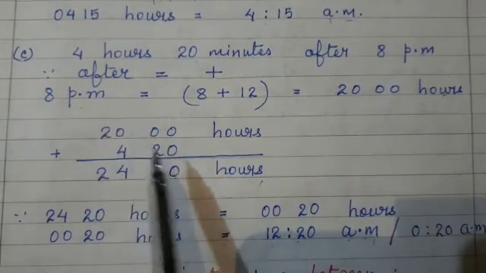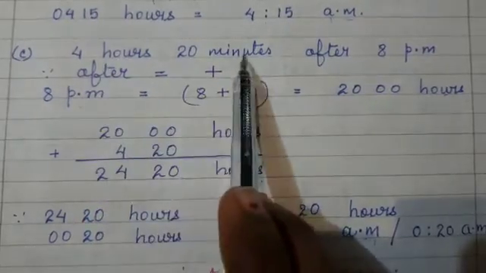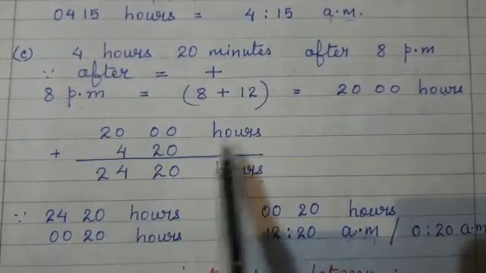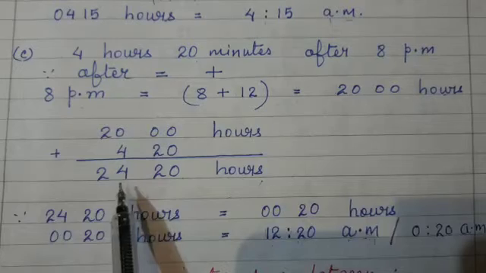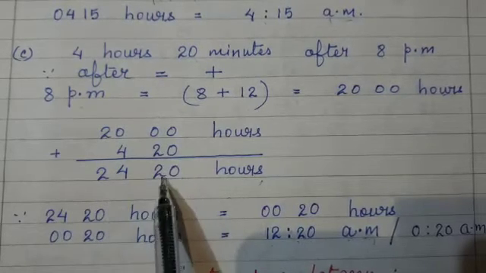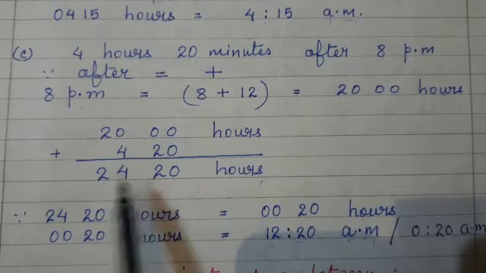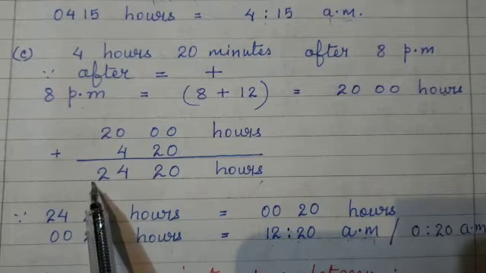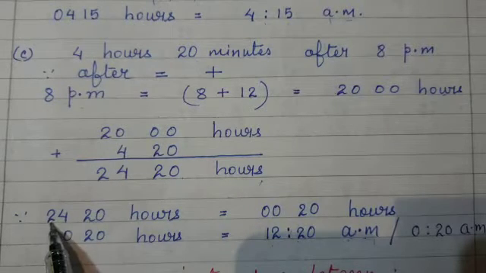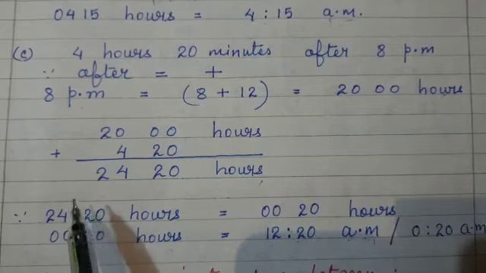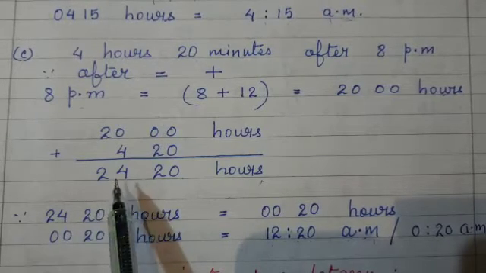Okay. Now we have to add this 4 hours 20 minutes with this 20 hours 00 minutes. So when we add, we are getting here 20 in this minute segment and here it is 24. So 24:20. That means this 24:20 hours, after 2400 means 12 midnight. We already have discussed about it.